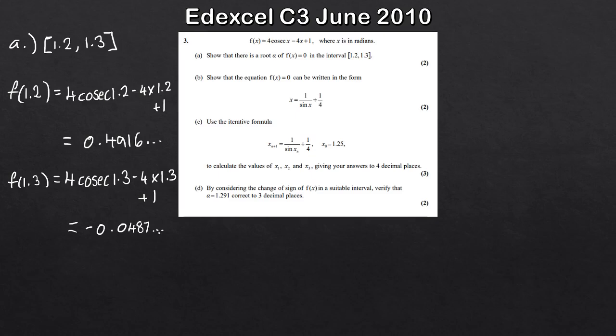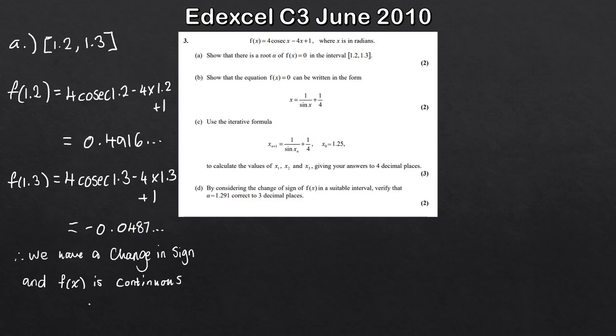So again, we have a change in sign, and what we can also say here is that f of x is continuous. That is actually quite important. So f of x is continuous.